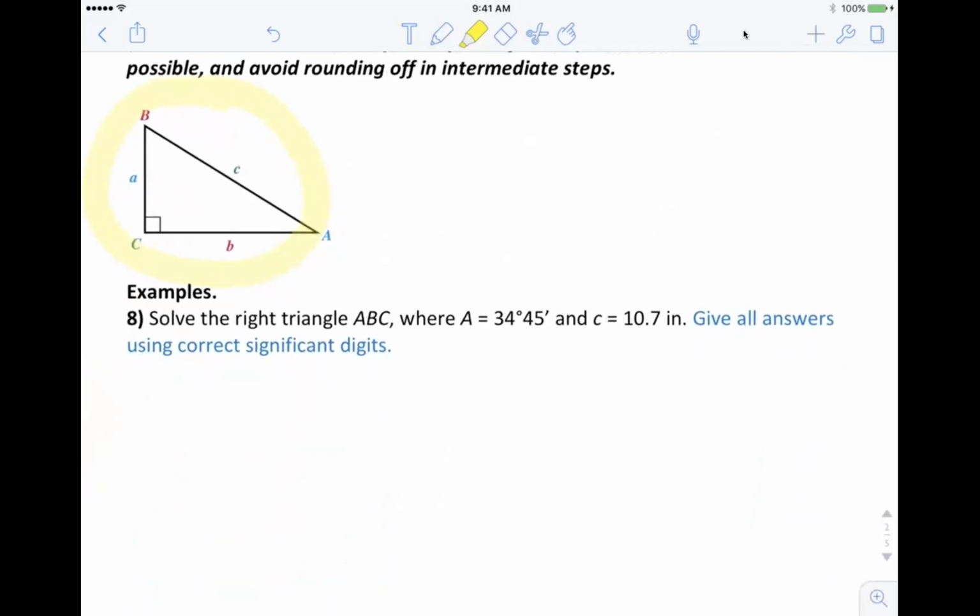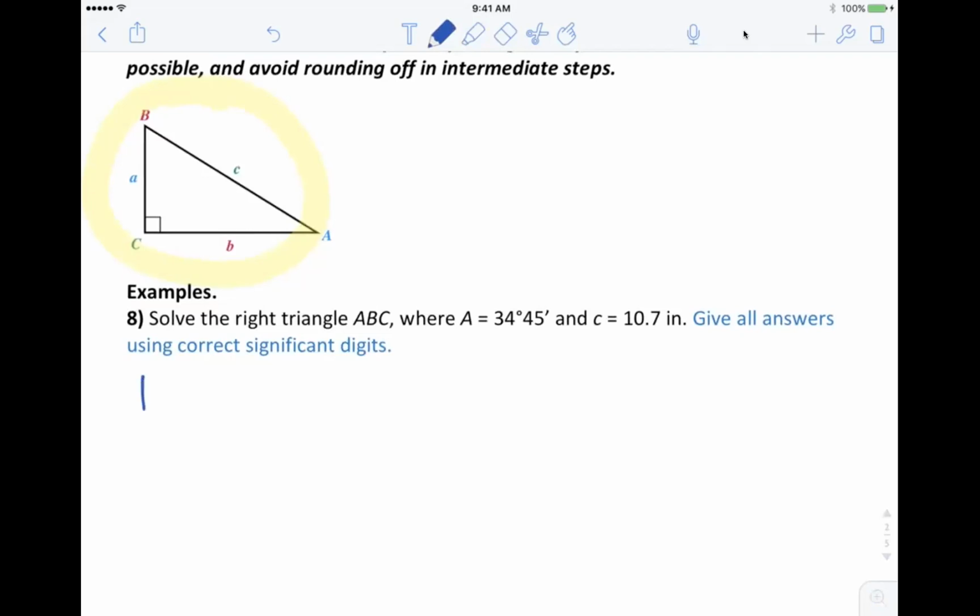So an example, let's solve the right triangle ABC where A is that angle and c is 10.7. Give all answers to the correct number of significant digits. So if I look at this one, I'm going to draw it as probably the most helpful.